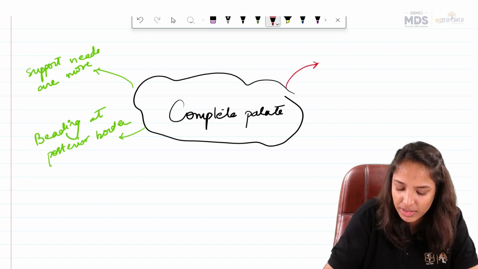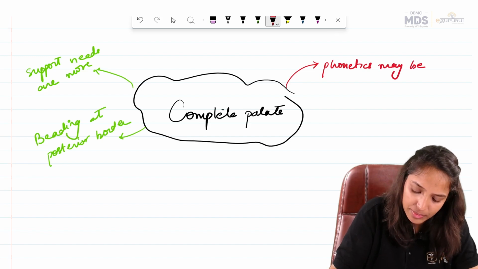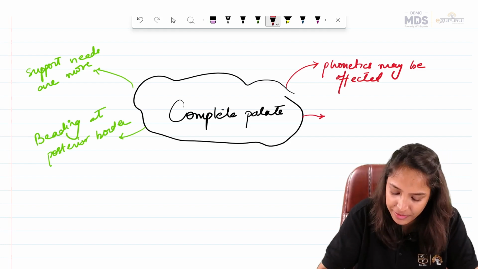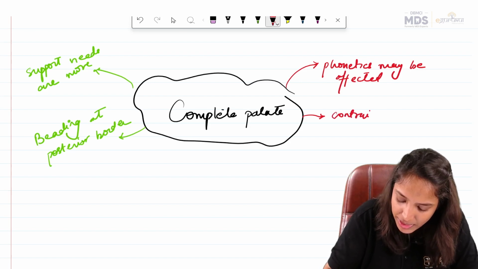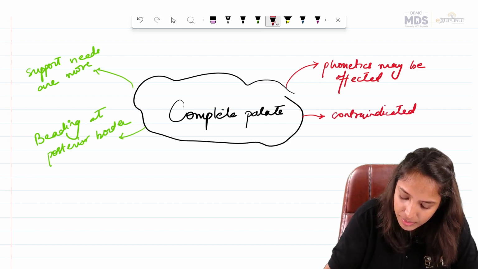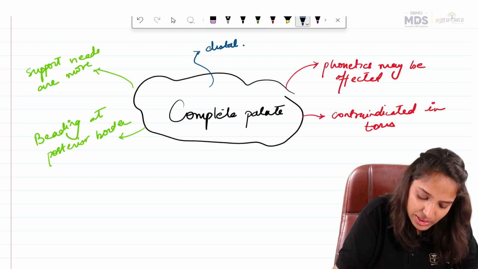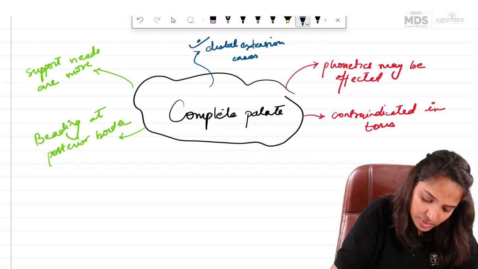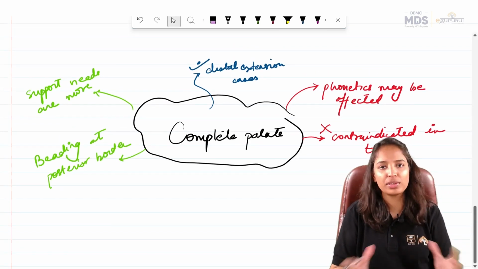Also, in a complete palate, phonetics may be affected and you may have problems with the torus, so it is contraindicated in torus. And the chief indication of a complete palate is all your distal extension cases. So this is an overview of your complete palate.